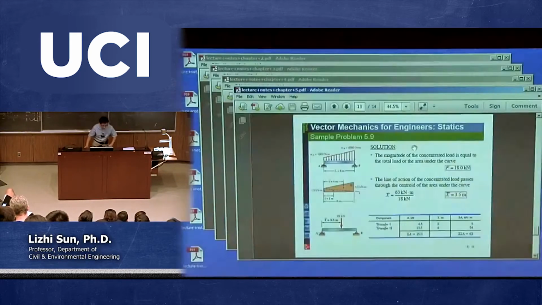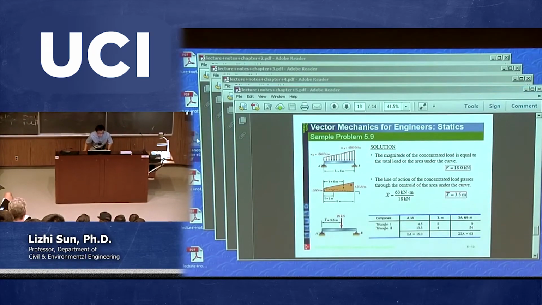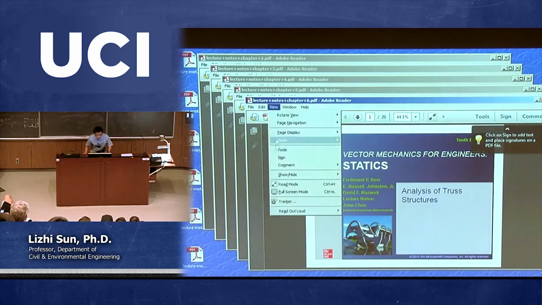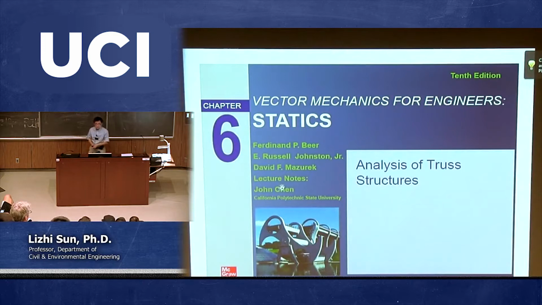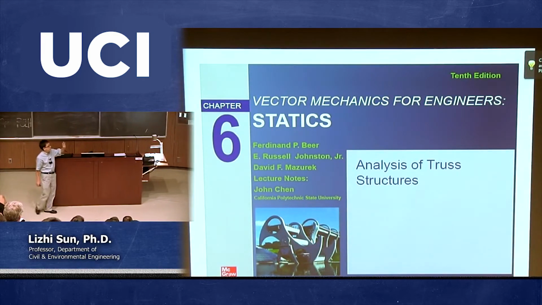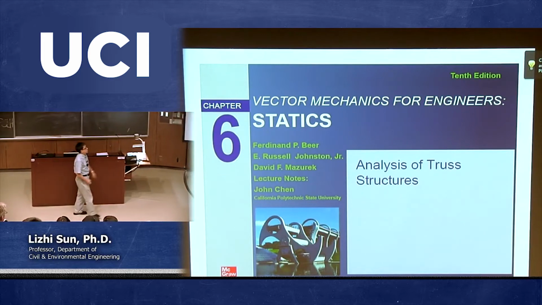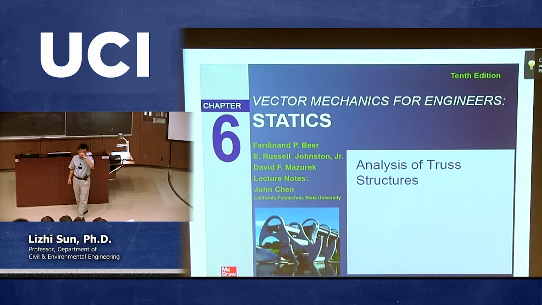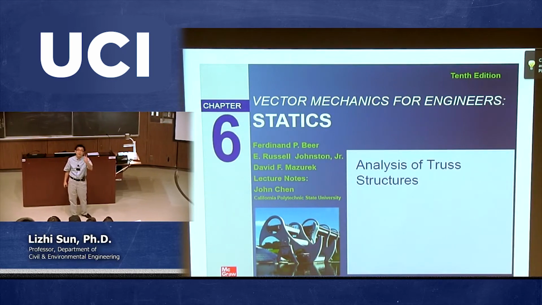Now we are moving to chapter 6. Chapter 6 talks about applications from chapter 4, basically a specific special structure that's called a truss. In order to solve internal forces in a given truss, you have 2 methods.